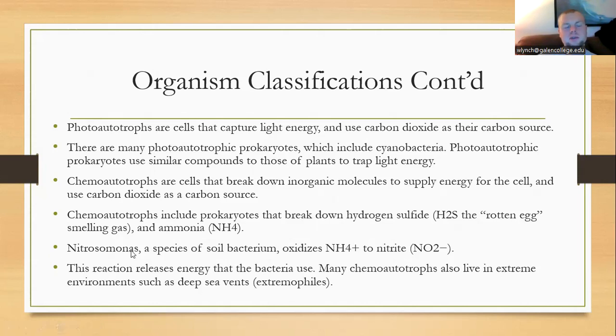Nitrosomonas is a species of soil bacterium that oxidizes ammonia and turns it into nitrite. So this is a nitrogen fixation reverse reaction. This is where we release energy that the bacteria is able to use. So many chemoautotrophs live in extreme environments such as deep sea vents, where they're able to utilize hydrogen sulfide.